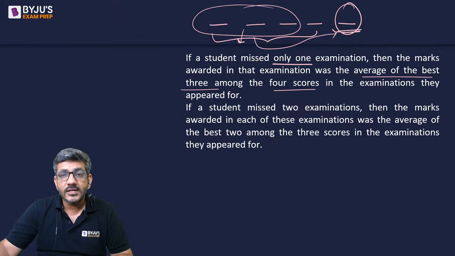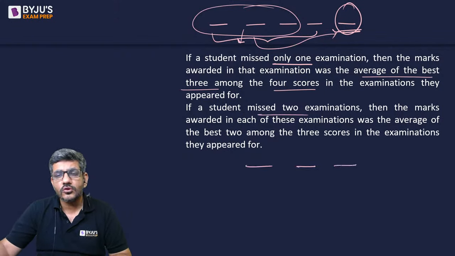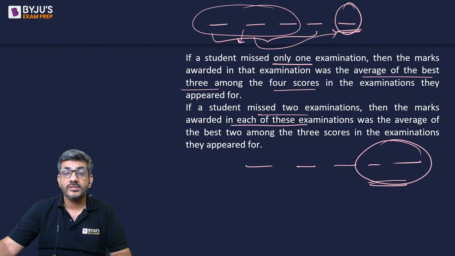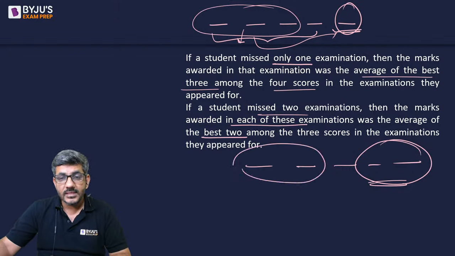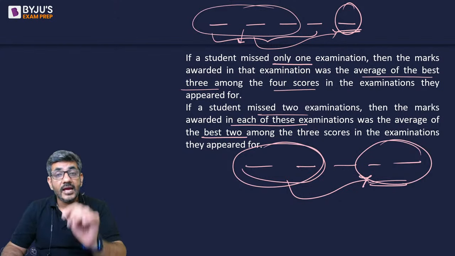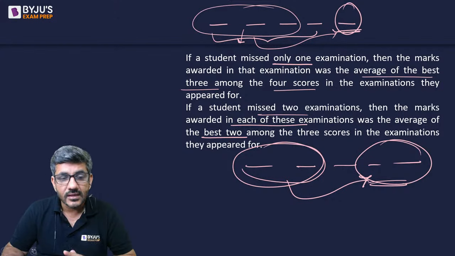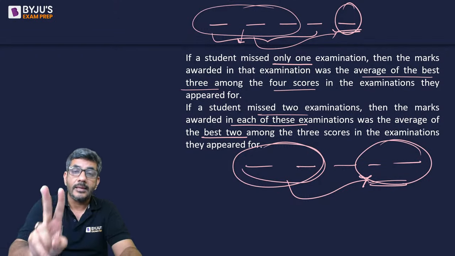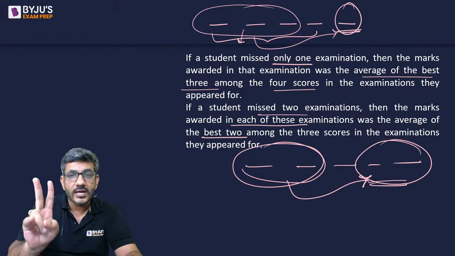If a student missed 2 examinations, let us say he did not give these two papers, then the marks awarded in each of these examinations was average of the best 2 among the 3. Of the 3 papers he gave, take the best 2, and their average would be given to both of them. That means if a person has missed 2 examinations, his score in those 2 examinations would be the same. Is that understood, guys?